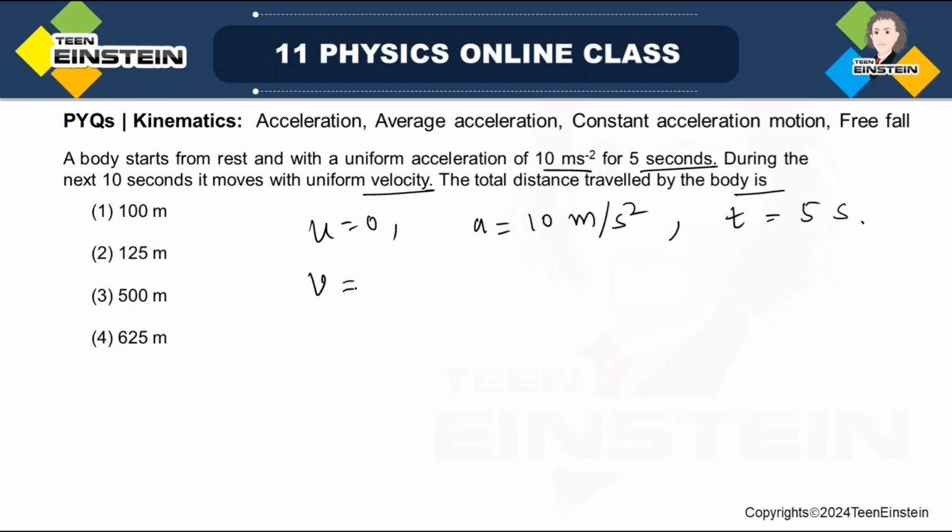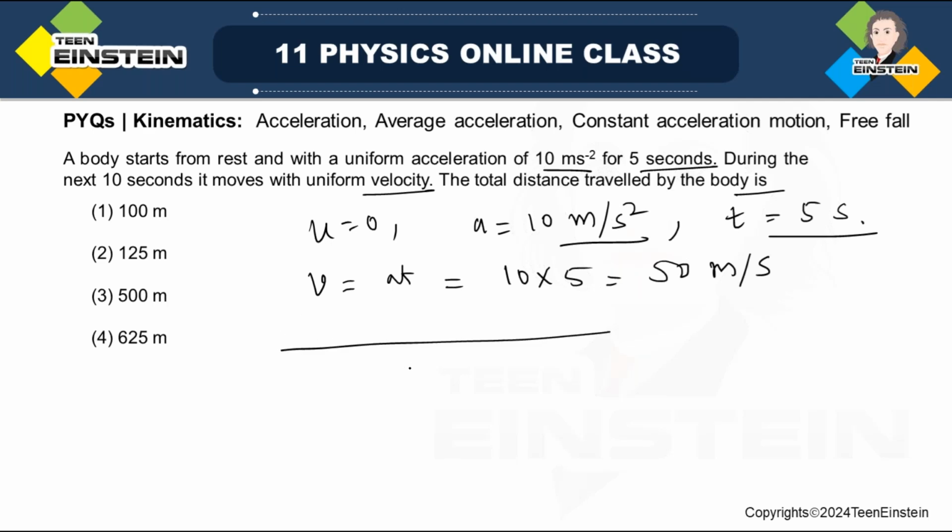The next 10 seconds it moves with uniform velocity. So what is the velocity I get when it is moving with acceleration for 5 seconds? That is a into t. u is 0. So a is equal to 10 and t is 5 seconds, so 50 meters per second. This is the velocity acquired in 5 seconds. Now the total distance s is composed of s1 plus s2.